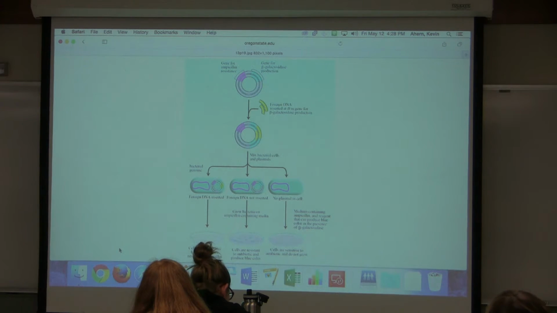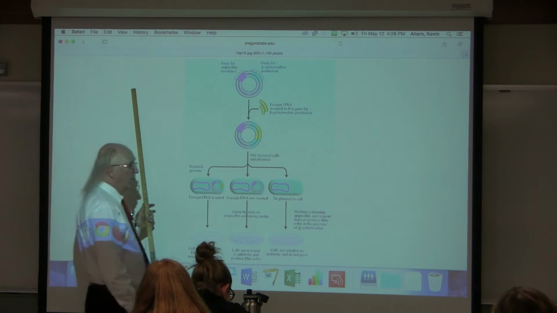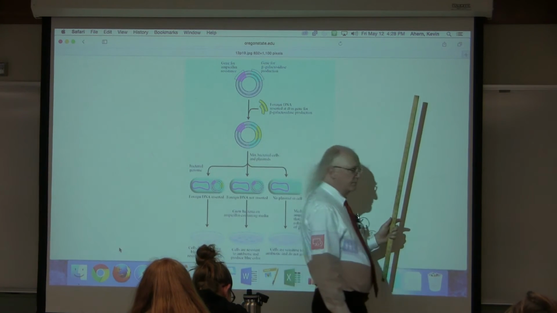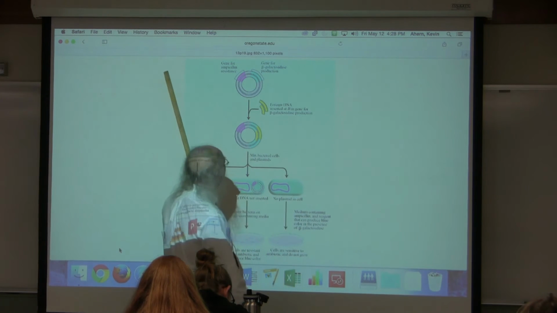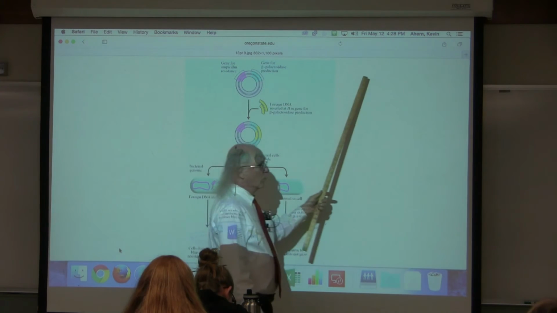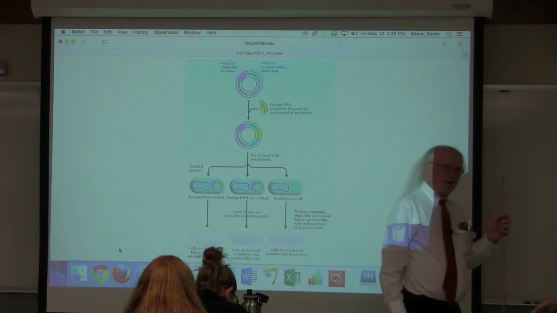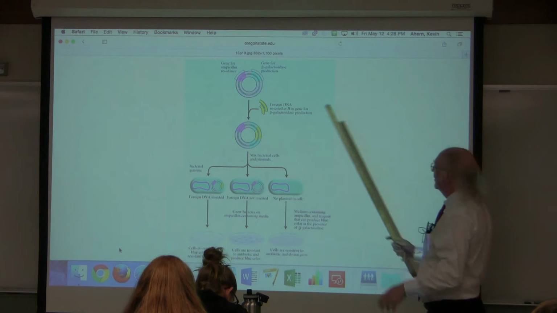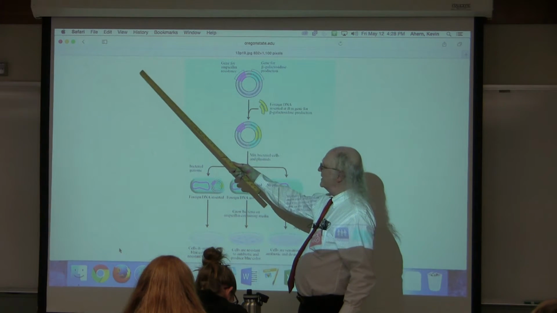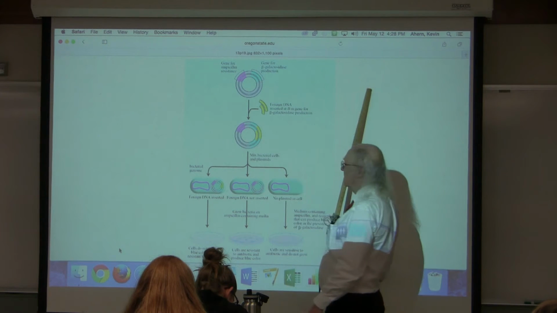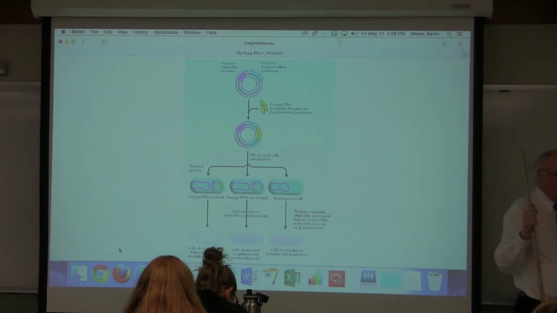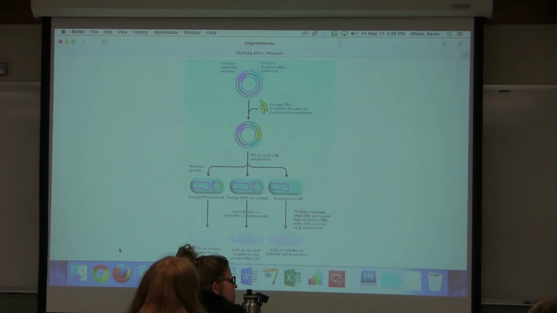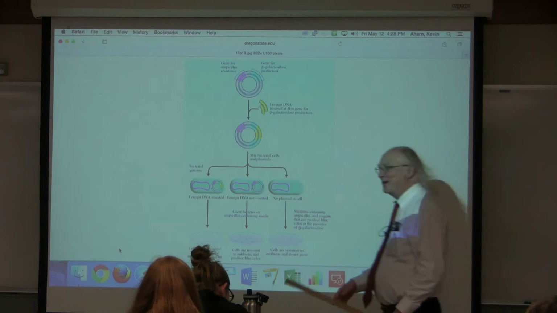Everybody follow? So blue means they've got no beta-galactosidase, and white means they have beta-galactosidase. I said it backwards again, didn't I? I do this every time.